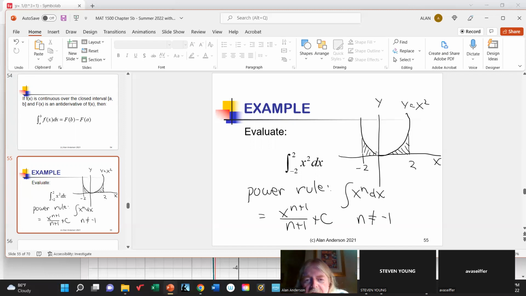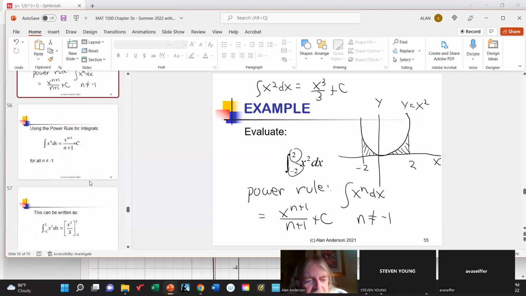So of course, that means that the indefinite integral of x squared would simply be x cubed over 3 plus c. So what we're actually going to do here is evaluate that result, x cubed over 3, over the range from 2 to -2.